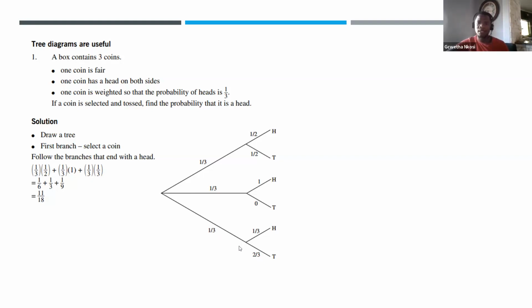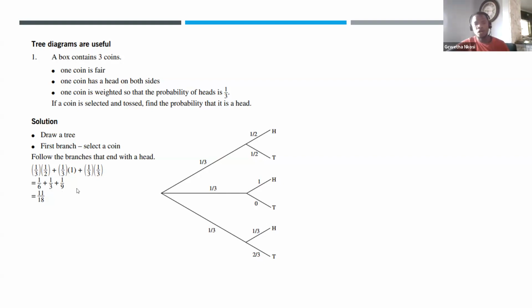It's 1/3 multiplied by another 1/3. So for you to get a head, you multiply the probabilities along each branch, remember they are dependent on each other. So I've got 1/6, 1/3, 1/9.